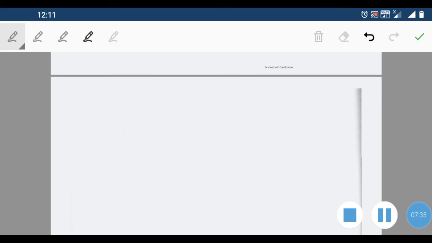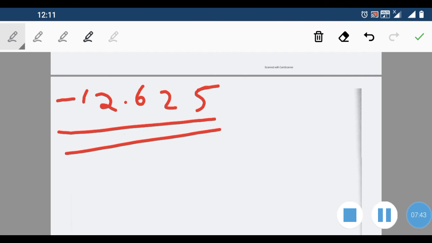Okay. Now suppose you want to express minus 12.625 in this method using the 32-bit memory locations. Then we have already done it for plus 12.625, so we can take the values from there.